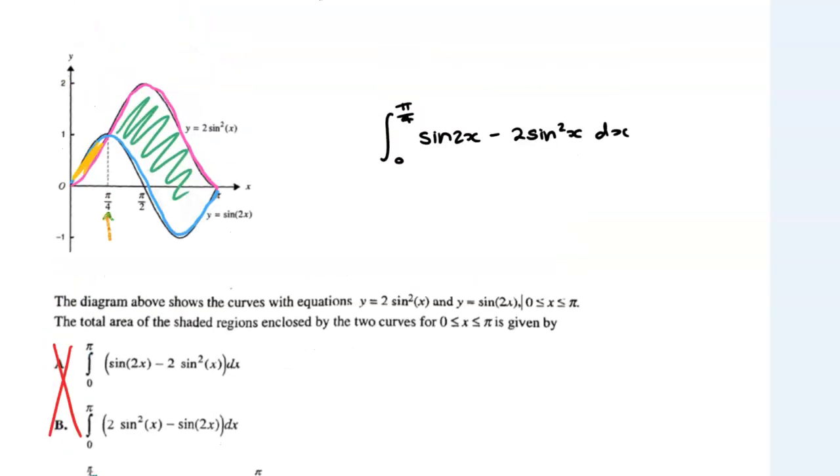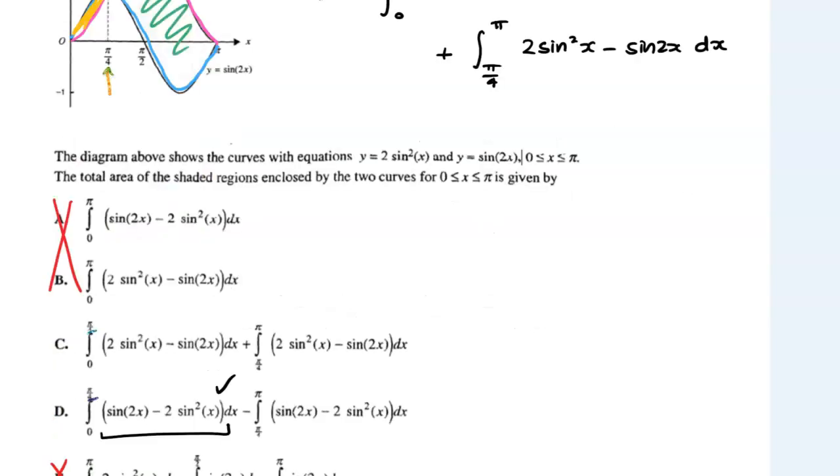Let's double check though. In the second region, we're going to add. We're going from pi on 4 now all the way to pi, and we're going to have 2 sine squared x minus sine 2x. And looking at D, that doesn't look like what we had here. Let's check the terminals, going from pi on 4 to pi, but instead they've got sine 2x minus 2 sine squared x.